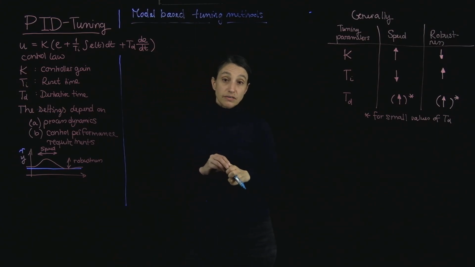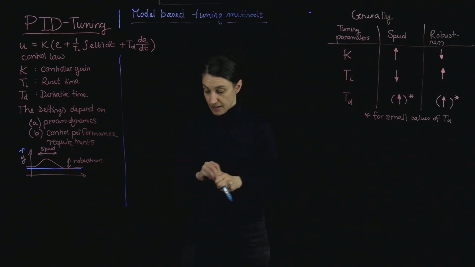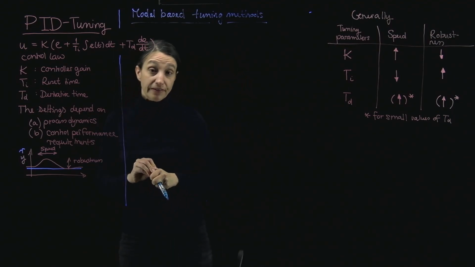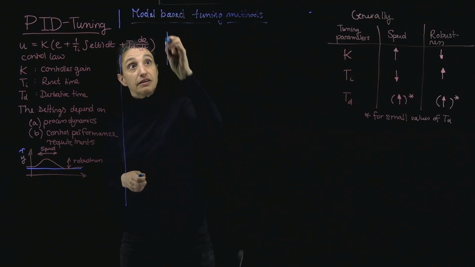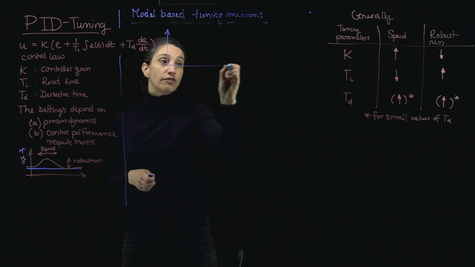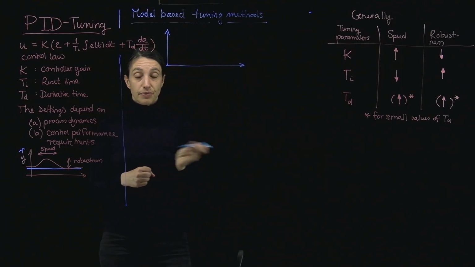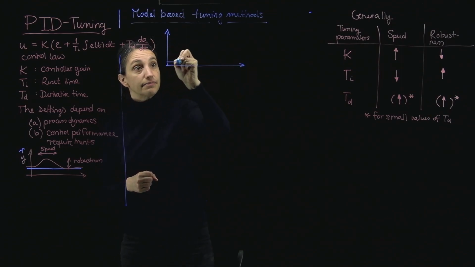So these model-based tuning methods are in very many cases based on a step-response experiment. And the step-response experiment of many of the processes we see in the process industry looks like that.